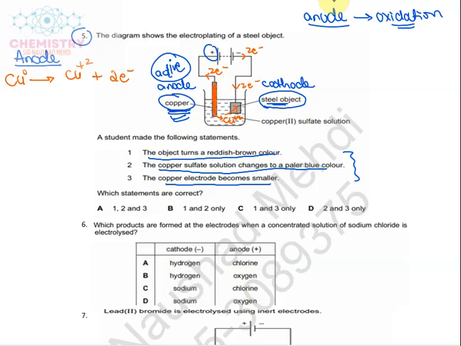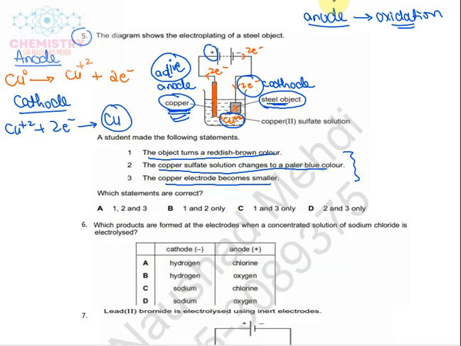Now this copper ion will reach the cathode, and its electrons will also reach the cathode through the wire. And now at the cathode, what will happen? Reduction will take place. This copper ion, which came from the anode by oxidation, will go to the cathode to gain its 2 electrons again to form copper.